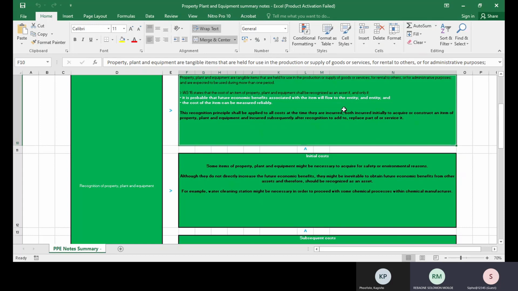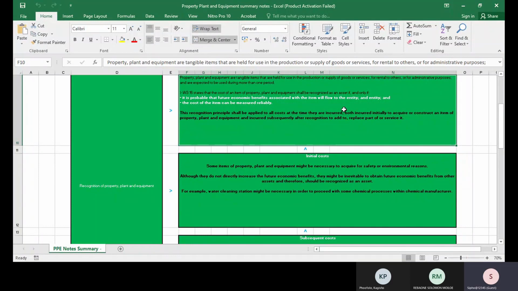Okay, let me read this thing to you again. It says the cost of an item can be measured reliably. By reliably, it means that that cost, you are able to observe it and you can be able to measure it reliably. In this case, it's not an invoice where you bought the plant.